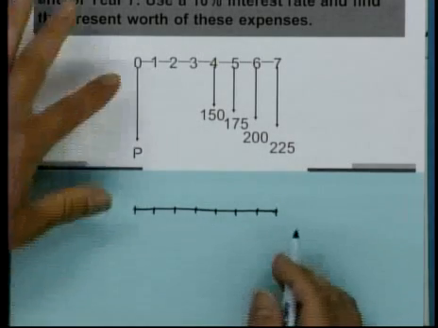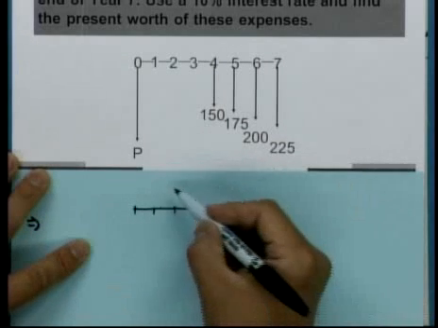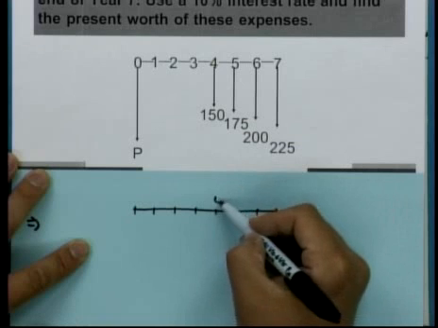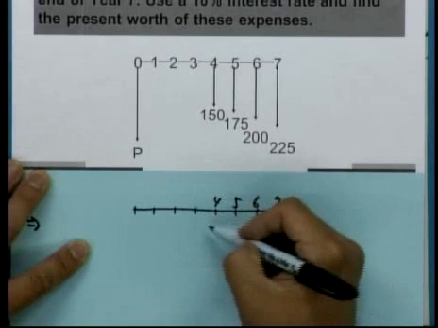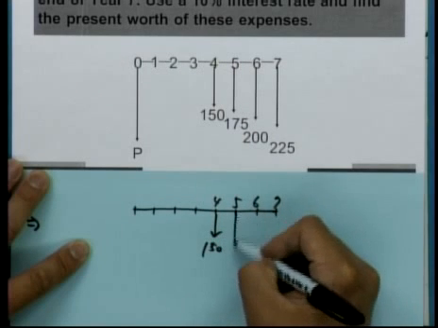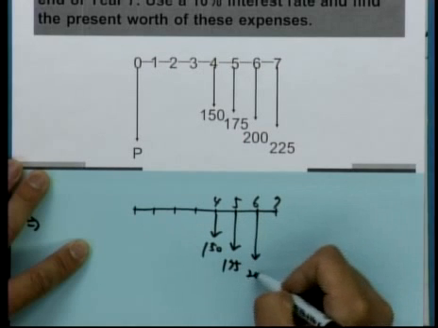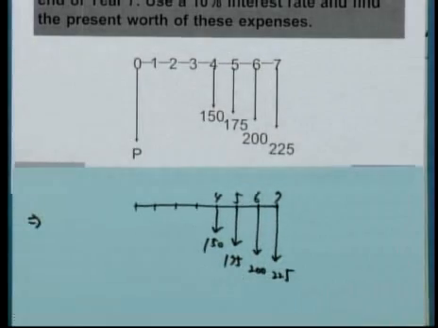So let me redraw this diagram down here first. So starting from 4, 5, 6, 7, we have negative cash flow of 150, 175, 200, and 225. Okay.